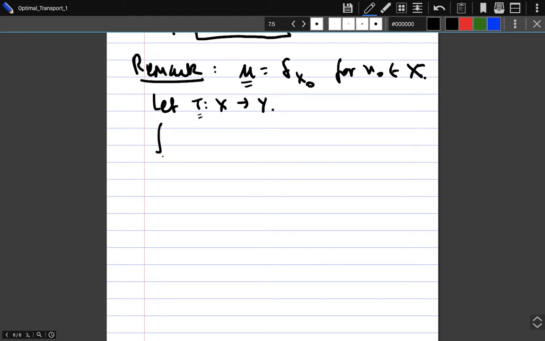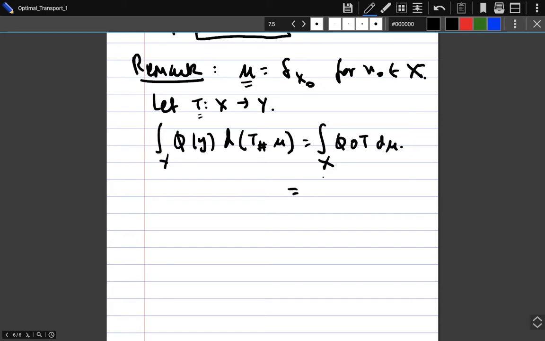We look at the integral of phi with respect to the push forward measure. And from our computations before, this is just the integral on X of a composition. But then remember that mu is nothing but your Dirac mass.